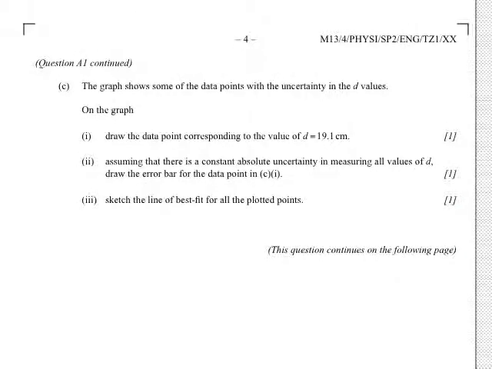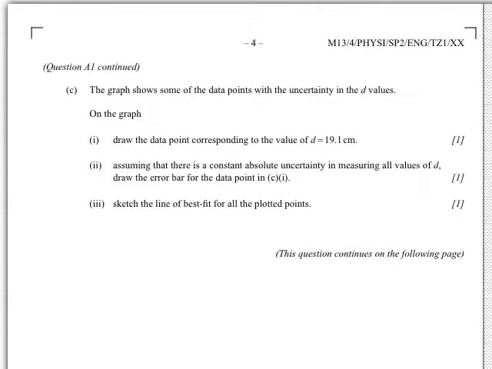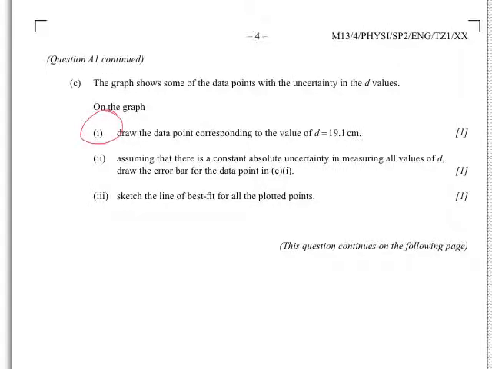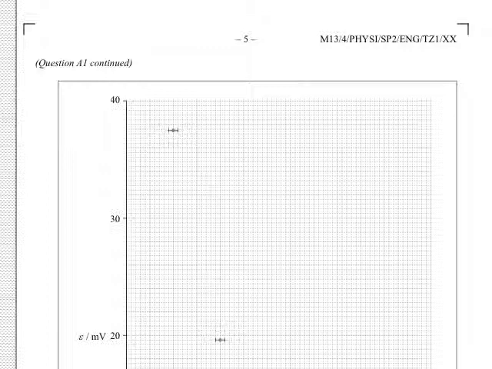For the next part of the question, we have to do 3 things. We have to plot a data point, add an error bar and sketch a line of best fit. So we'll do that next. Okay, so this is our graph. If we have a look at it, what you can notice first is this is a very strange scale, and in fact you end up with a weird scale of 2.5 squares for each 1 unit value.